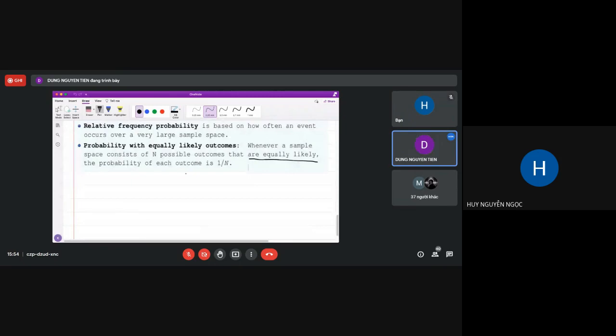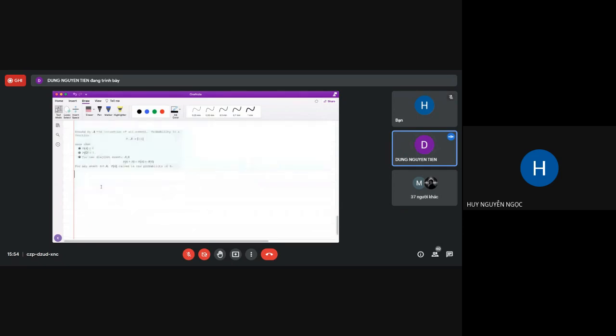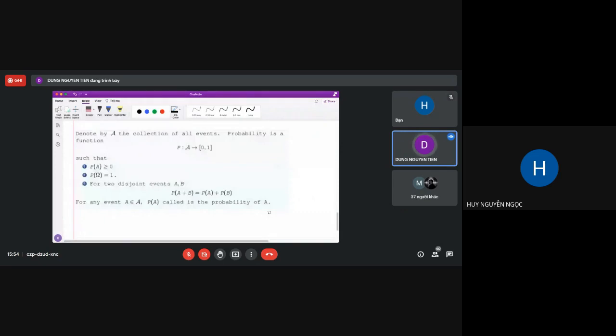Okay. Then we are ready to move to a more useful, more general definition for probability. This is not really a formal definition. It just gives you some idea about that. I think that is more than enough for you. You're not mathematicians, so I'm not going to spend time on giving you a formal definition.